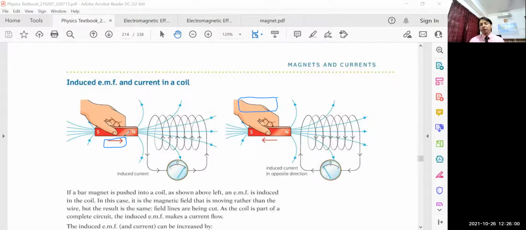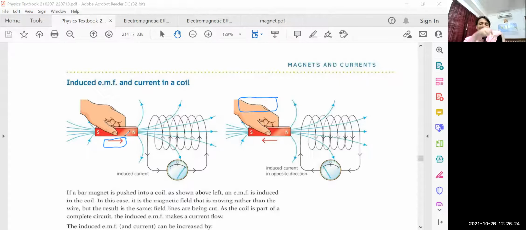Now, one more point about Lenz's law, children. We know from the discussion of electromagnetic induction that when current is induced in a coil, EMF is there, a voltage is there. If voltage is there, current will be there. And Lenz, this is the name of the scientist, okay? Lenz's law.